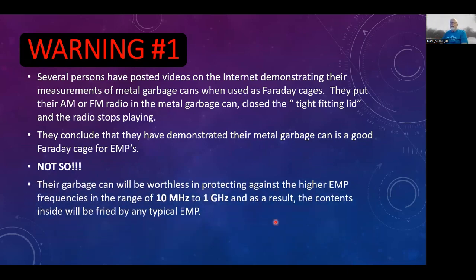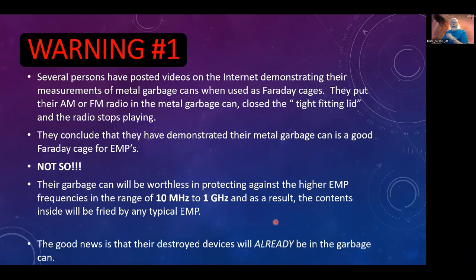Not so. Their garbage can will be worthless in protecting against the higher EMP frequencies, particularly in the range of 10 megahertz to over in the gigahertz range. And as a result, the contents inside the garbage can will be fried by any typical EMP.